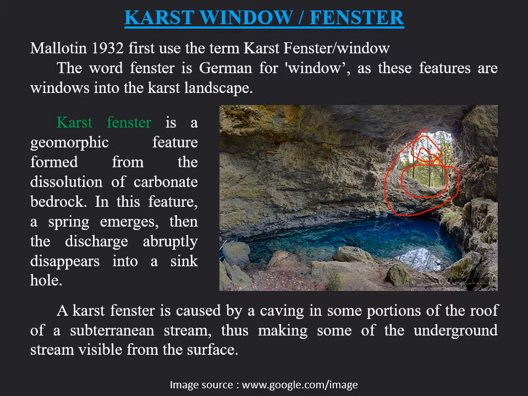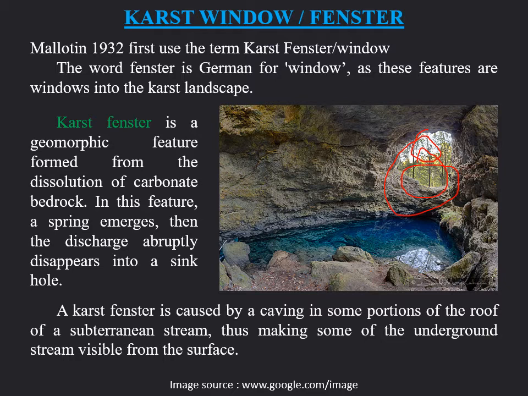You can see that in subsurface conditions, these streams emerge from one side of the carbonate rocks and disappear on the other side. So only a very narrow portion within this subsurface passage is observed due to the collapse of the roof rocks. This roof collapsing portion acts as a window through which we can see the subsurface conditions, particularly the subsurface flowing stream.